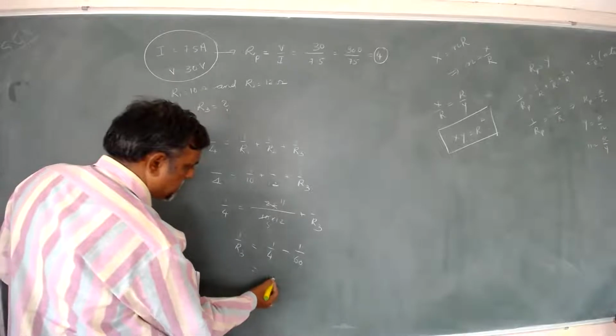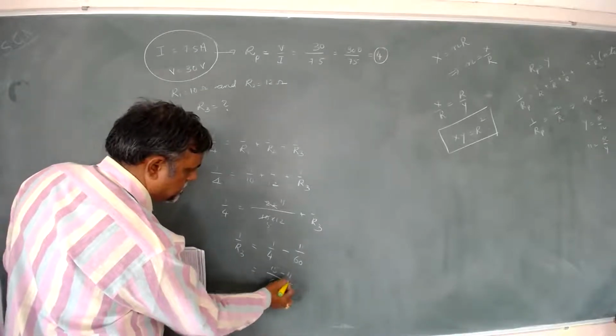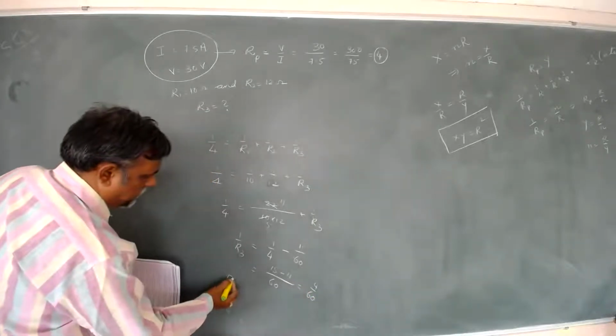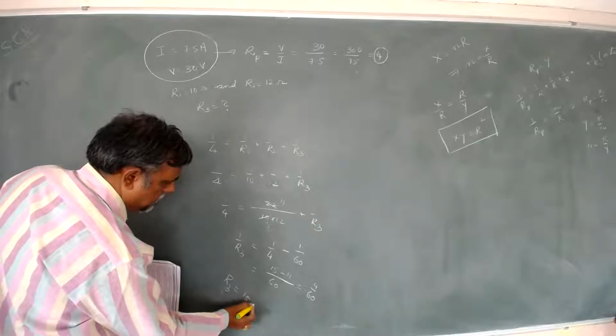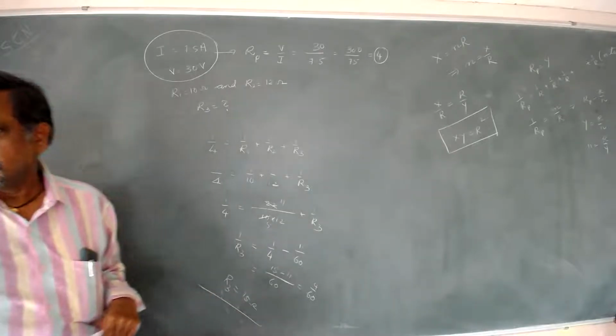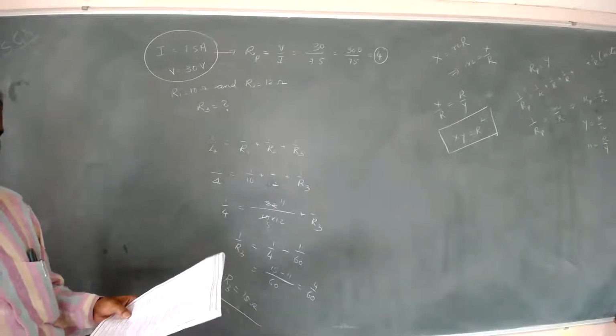Understood? So 60 is, 15 minus 11. So R3 is equal to 15 ohm, like this.